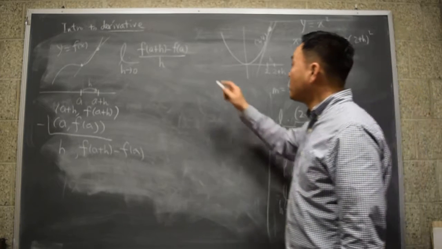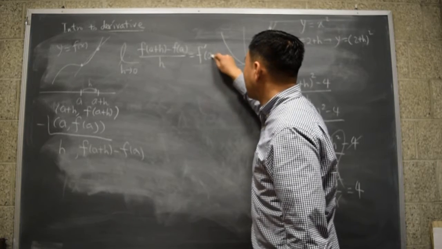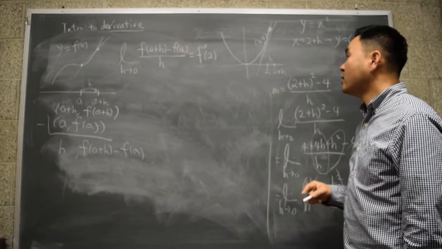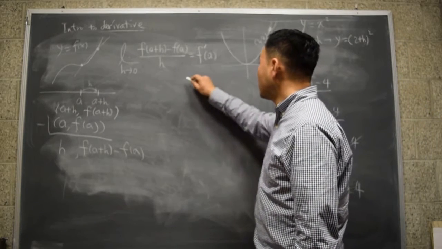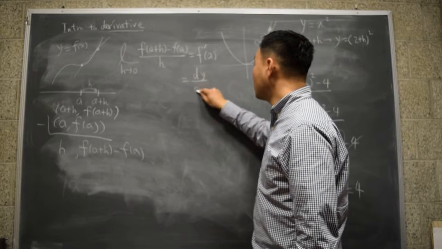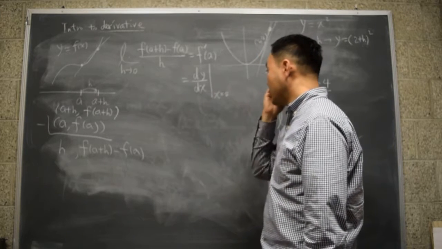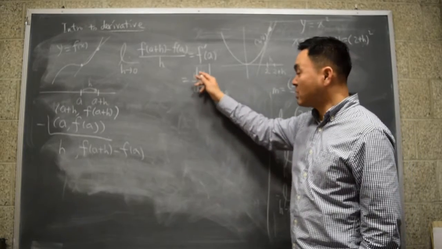And that is going to be called the derivative f prime at a. Another symbol that people use is dy over dx at x equal to a. This means at. Now, this is called the Leibniz notation.